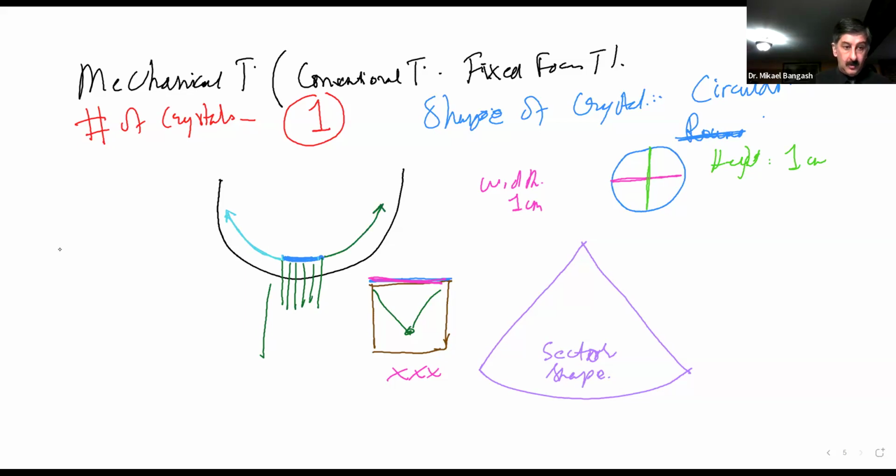So that's going to be a physical movement of the PCT here and here. Did that make sense? And as it moves, what is it going to be doing? It's going to be sending out beams, which ultimately will form this sector shape image.